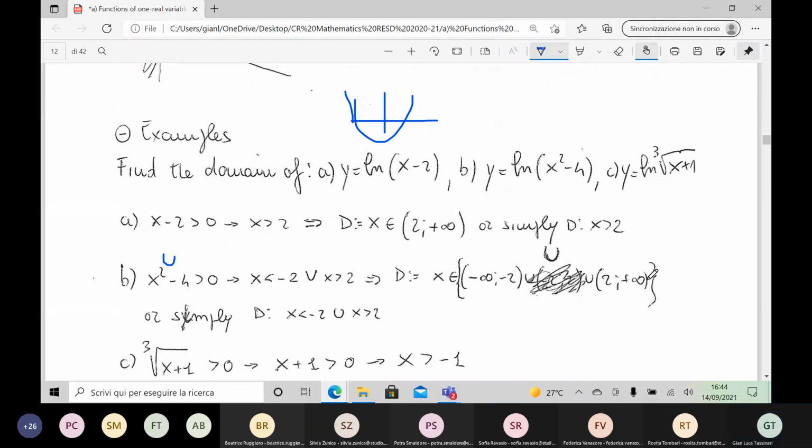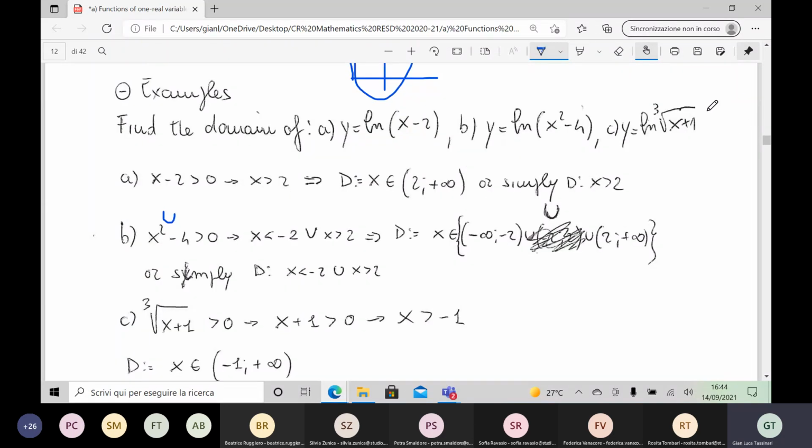The last one, y equal to logarithm of cubic root of x plus 1. So in order for this logarithm to be well defined, we need to require that the argument of the logarithm must be strictly positive. So cubic root of x plus 1 must be strictly positive.